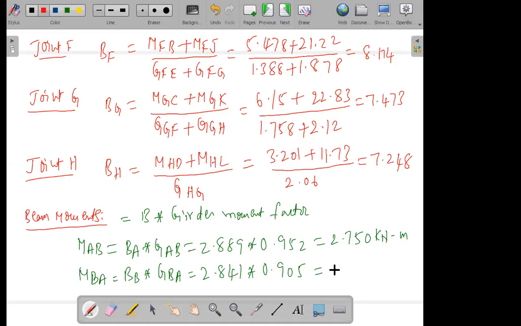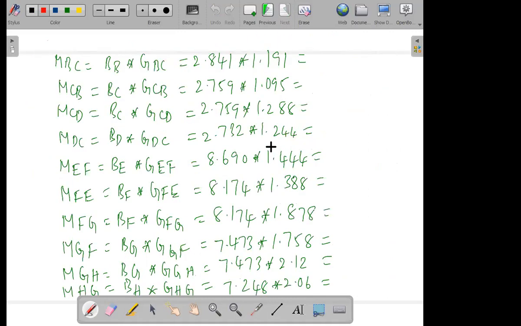Next value, 2.571, sir. 2.571 kilonewton meter. 0.383, sir. 0.383 kilonewton meter. 3.021, sir. 3.021 kilonewton meter. 3.553, sir. 3.553 kilonewton meter. Please respond, others also.